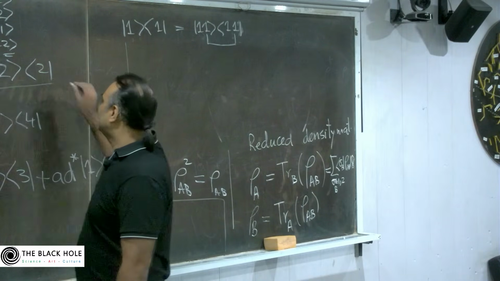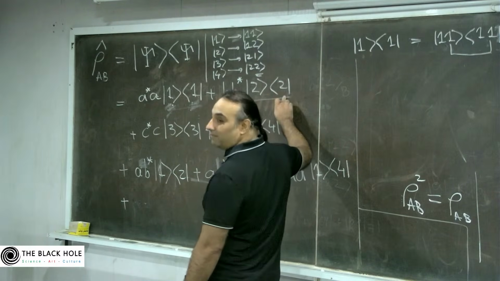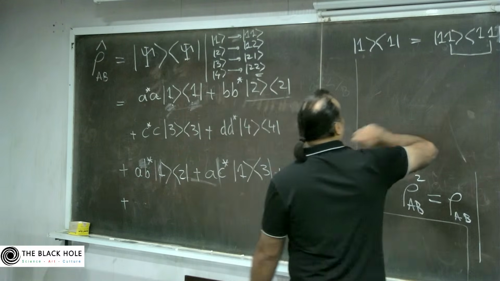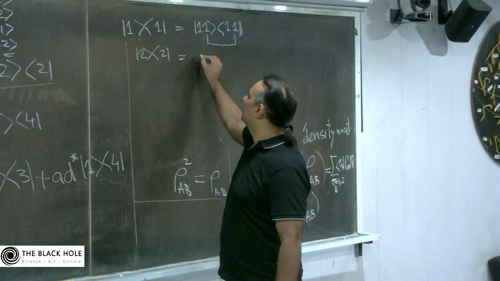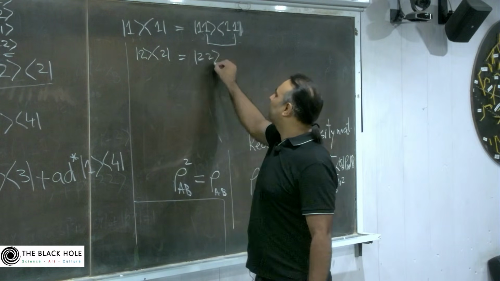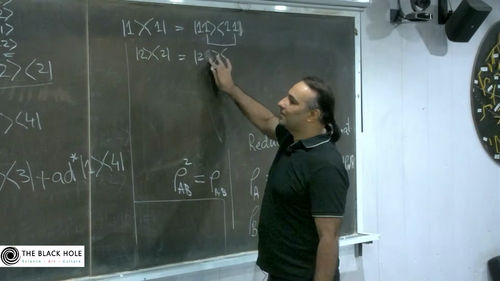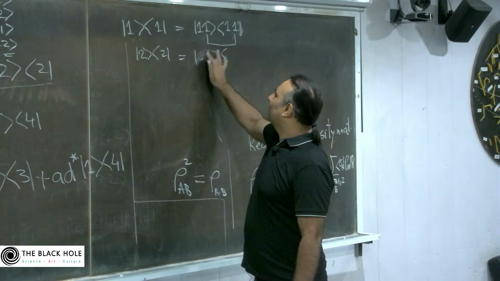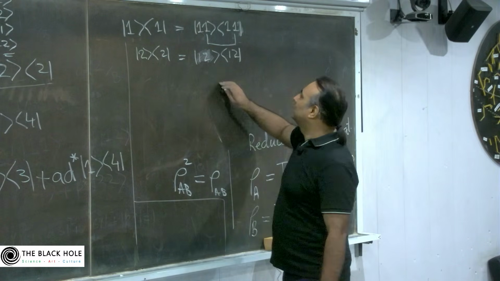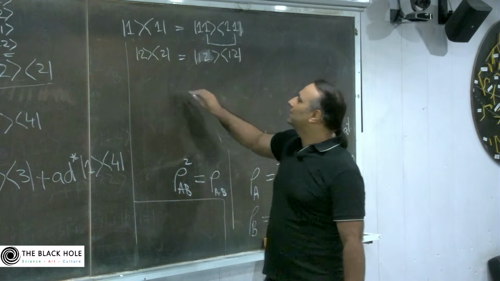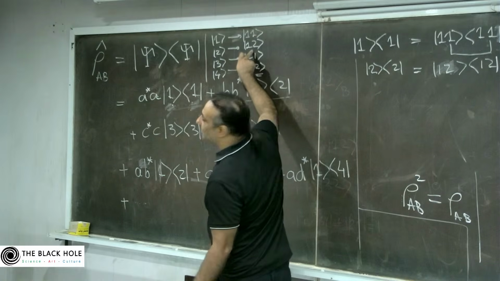Now the second term, 2 2, will also be diagonal, because it will contain 1 2 2 1 2. Yes, I'm calling this 2 here.